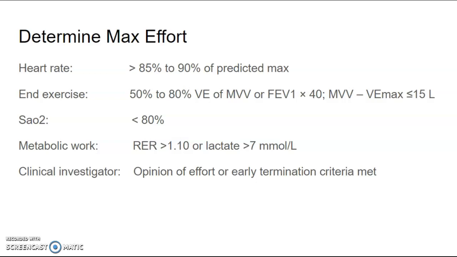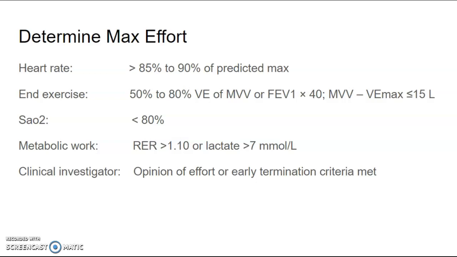If we use the maximum voluntary ventilation, then we take the end of exercise minute ventilation, and if it is between 50 to 80% of their MVV, then we know they have reached their ventilatory capacity, or they're close to their ventilatory capacity. Another method is taking their FEV1 at rest, multiplying that by 40, and then determining if their end of exercise minute ventilation is 50 to 80% of that.